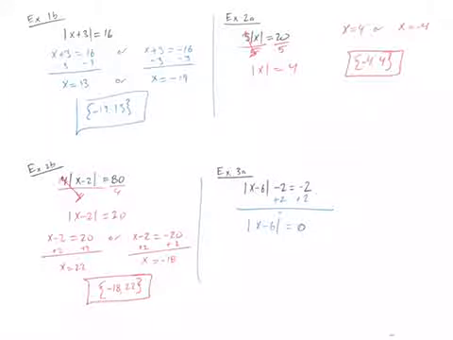So whenever I split this apart, notice I would end up with x minus 6 is equal to 0. And then my other option would be x minus 6 is equal to negative 0, which is just the same thing as 0. So in a few special cases, whenever the absolute value is equal to 0, you won't have 2 answers, you're only going to have 1 answer, because this is the exact same thing as that.